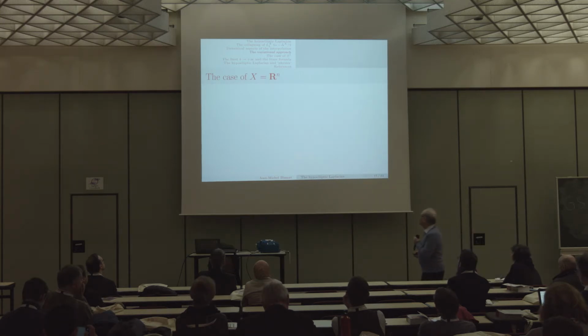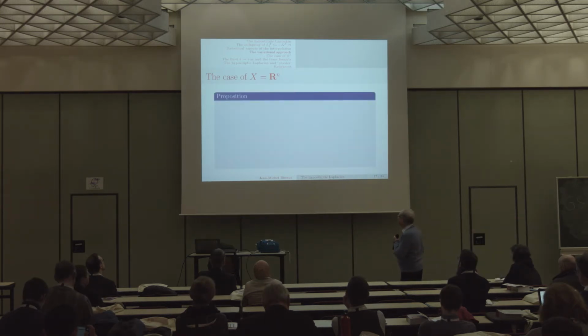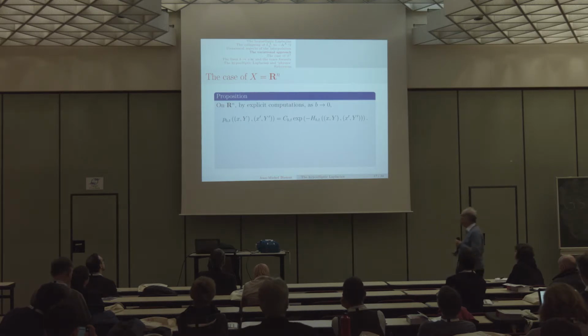However, let's look at the case of X equals R^n. So on R^n, you can compute explicitly the minimum of the action. You have explicit formulas. And so what you find is the following thing. First of all, the hypoelliptic heat kernel is essentially given by the exponential of minus the minimum of the action.